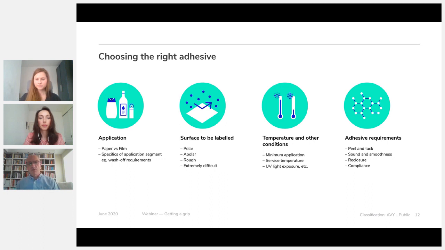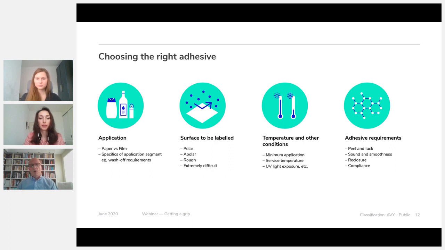If we look at the first one, the application, these are the points which are important for the end use. So are we talking about a paper face stock or a film? This matters a lot for the adhesive because with a film, there are often requirements on the clarity of the adhesive, as well as, for example, its UV resistance.